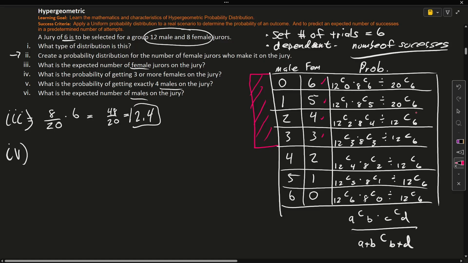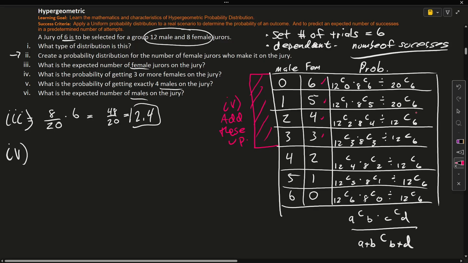If you've made the entire probability distribution on your test, for example, I will accept that you just say for part 4, add these up.